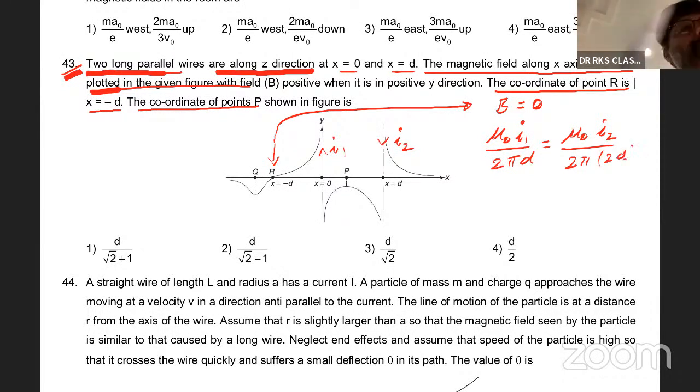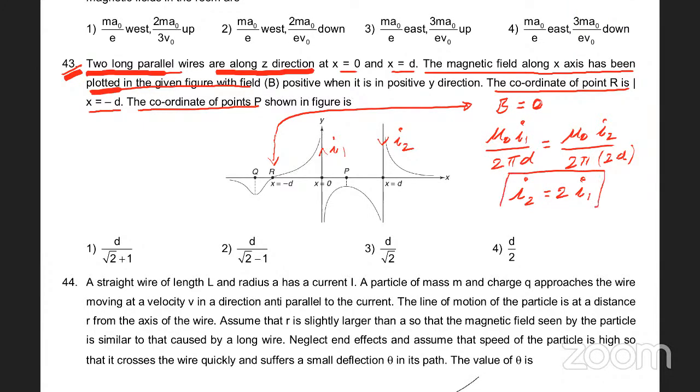The distance of point R from the second conductor is 2d. So this gives the current I2 is 2 times the current I1. It's a very important point.